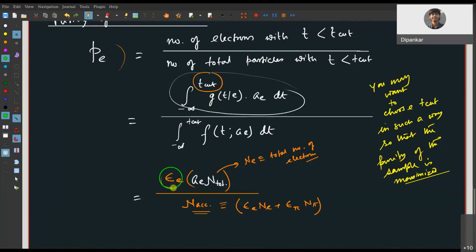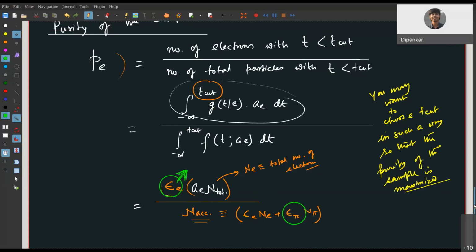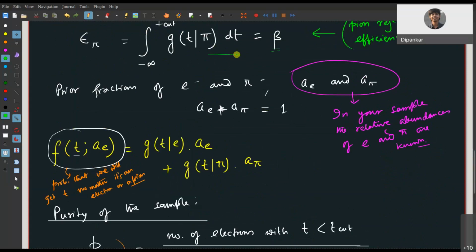That is not true, because as you increase this epsilon_E, the epsilon_pi in the denominator also gets increased. So you cannot just monotonically increase epsilon_E without affecting epsilon_pi, because epsilon_pi is also increased as you move your T cut towards the right.